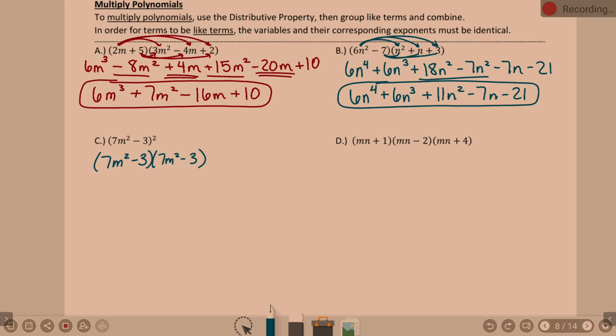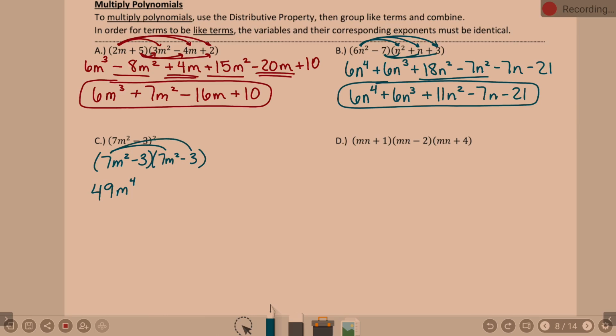When you have that square on parentheses, remember it's parenthesis times parenthesis. So basically we're setting ourselves up and we need to FOIL. Yes? Okay, so 7m squared times 7m squared is what? 49m to the 4th.